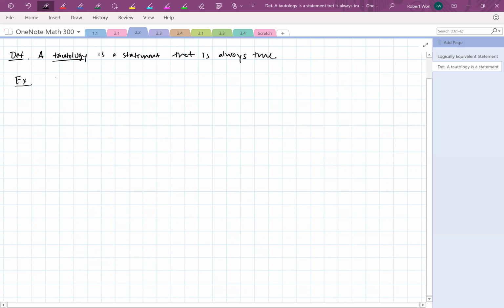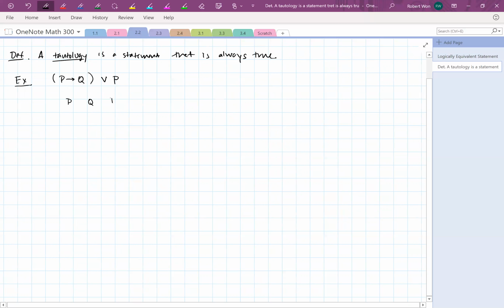Okay, so the statement, if P then Q or P. Okay, so this is some statement. And in order to understand it, the nice way to do that would be to write down its truth table. Right?